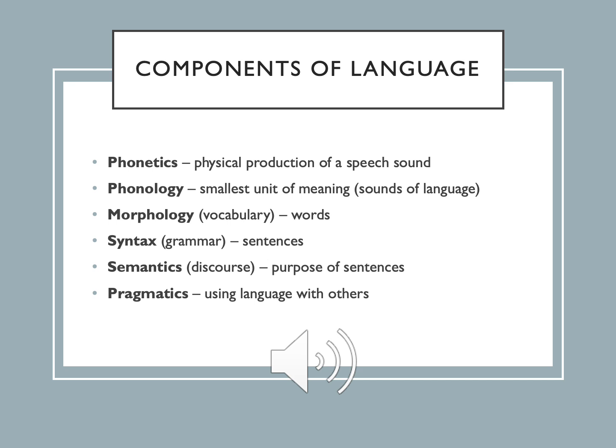And then last but not least, we have pragmatics. So this is using language with others, our ability to communicate and engage with others. We will get more into aspects of engagement with others in our social and emotional lecture, but basically we're just seeing that pragmatics is how different aspects of language are formed together.